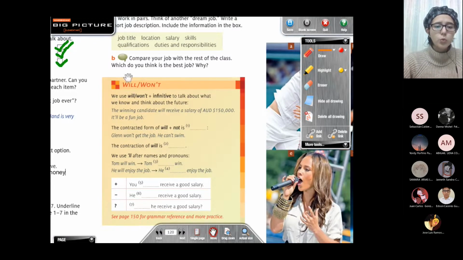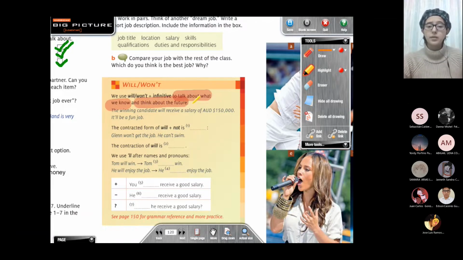So we're going to use will, won't in order to talk about what we know and what we think about the future. Yes, this is the important part. When are we going to use will, won't? To talk about what we know and what we think about the future.